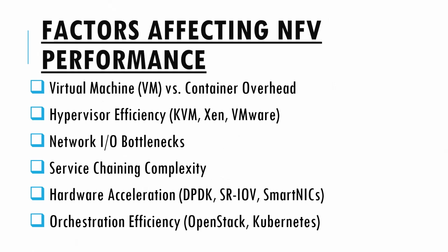Network input/output bottlenecks can also limit the data flow. Service chaining complexity: chaining many VNFs can cause delays. Hardware acceleration: this speeds up packet processing, and we get the processed data in much less time.